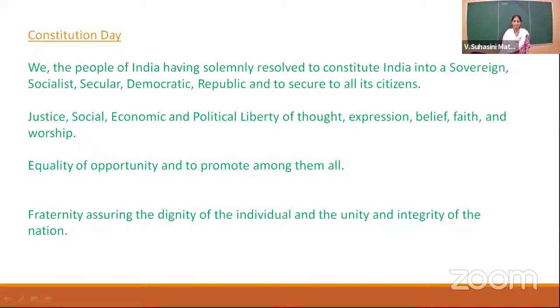I would like to take my pledge, Constitution Day.